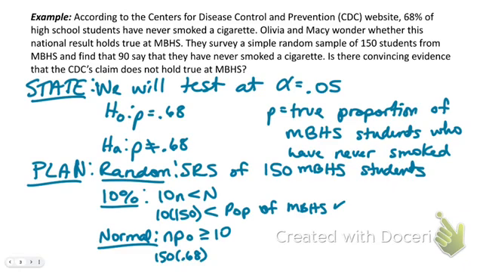But what is 68% of 150? 102. Okay, that is clearly bigger than 10, so we're good that way. That's our number of successes that we should expect. And then our n times 1 minus P naught, the complement, also needs to be bigger than 10.